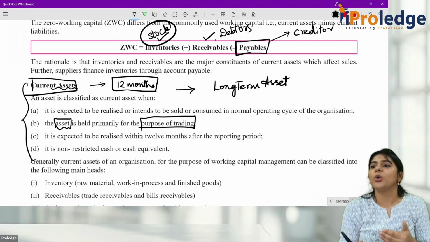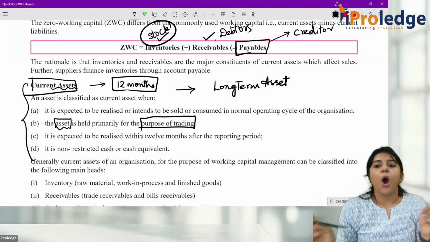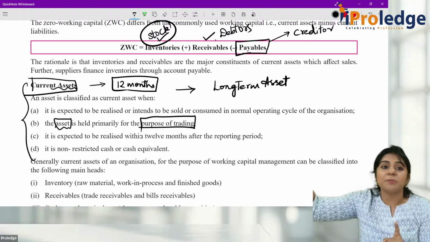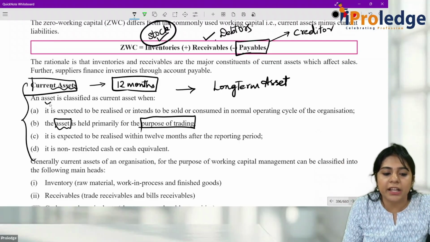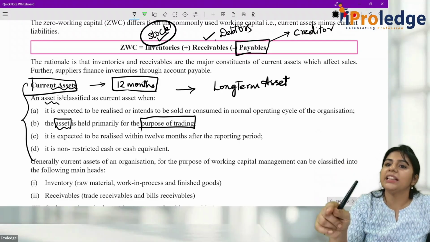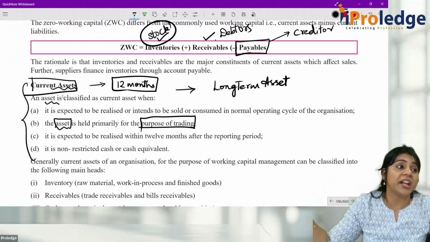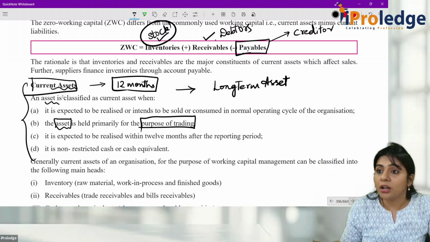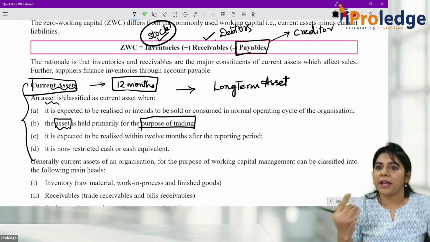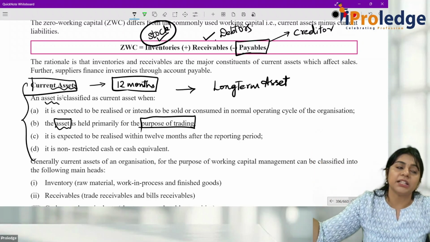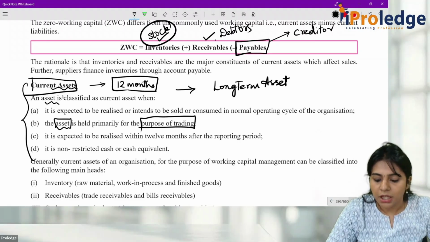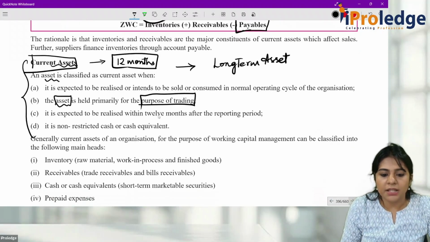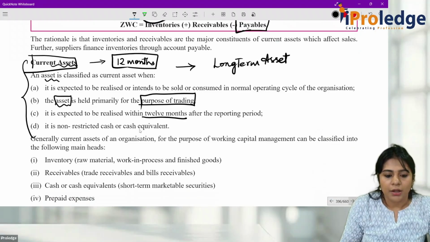Here we are only discussing trading. So it's my office space furniture, and that becomes my fixed asset. So in your current asset definition, we will take only that asset which is used for trading and not for your office premises, which will be classified under the fixed asset definition. This 12 months, I already told you.